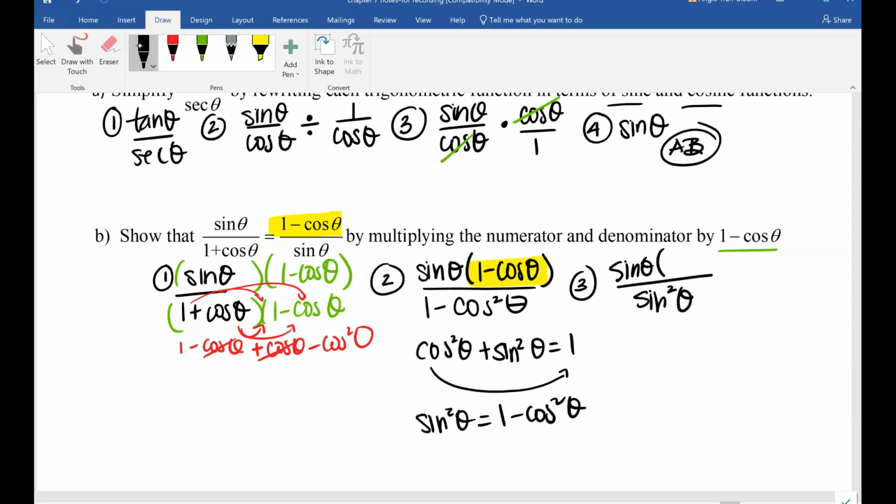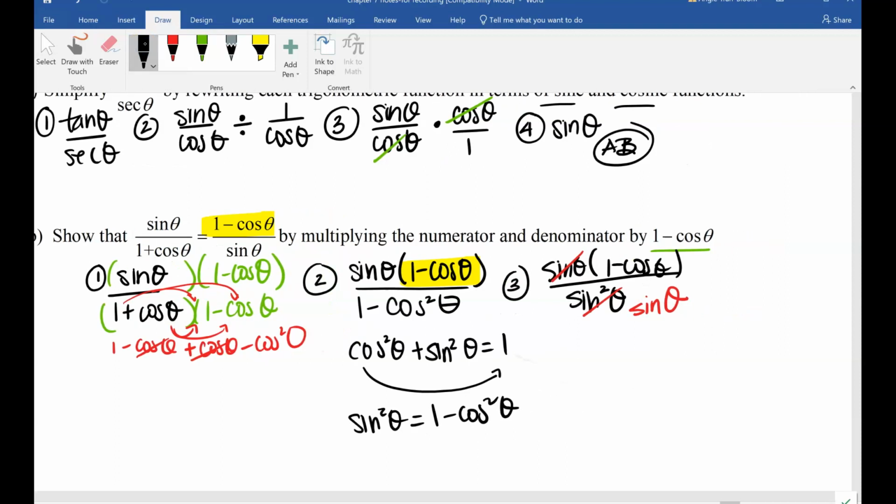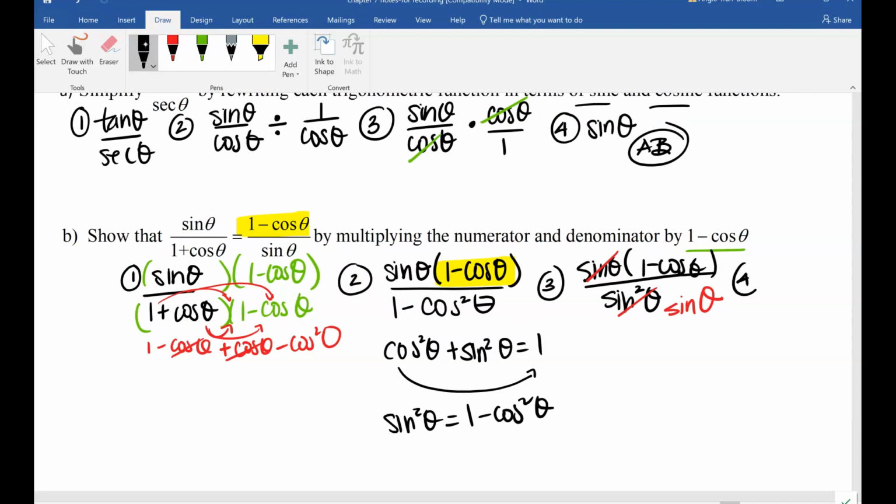So now just copy the numerator. Now we can cancel. There's 1 of that on the top, 2 of that on the bottom, so I should have 1 left, right? As you can see, my last step is to write the ending, which is 1 minus cosine of theta all over sine of theta. That matches the right side, and I'm going to write my initials, and I'm done with that proof.